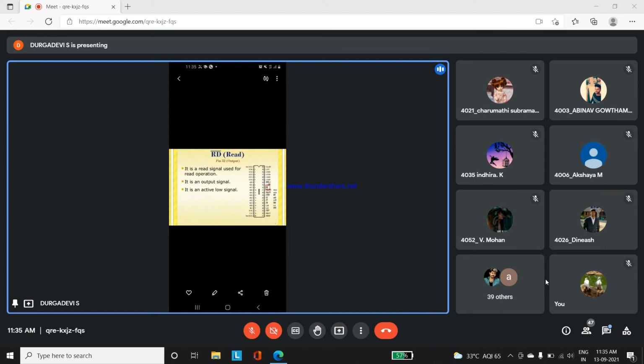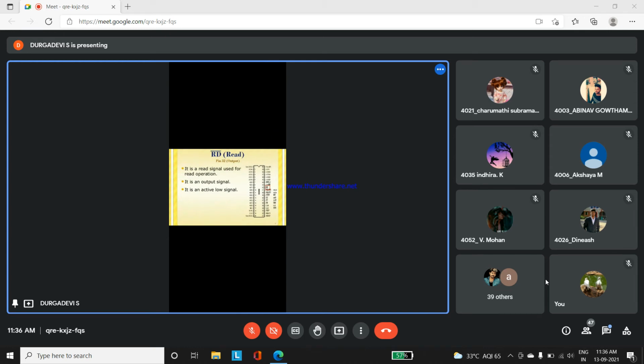See this RD bar. RD means read. Bar means active low signal. I told you, when you want to read data from memory, send the address. The next control signal which will be used. See, without control signal, no operation can take place.